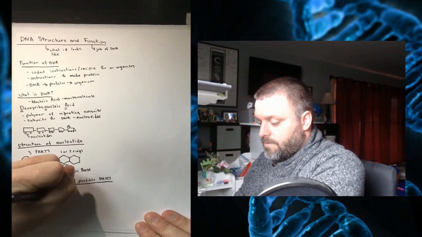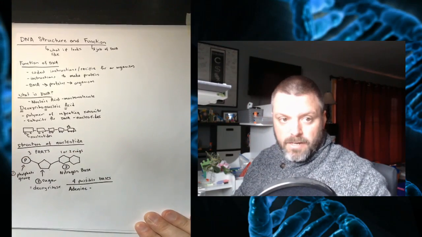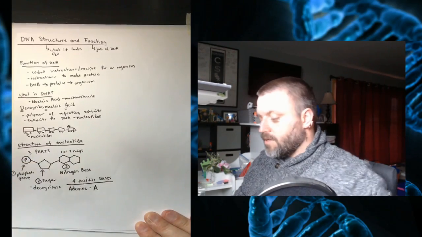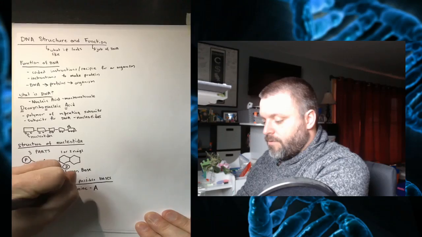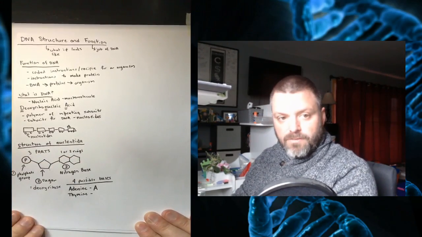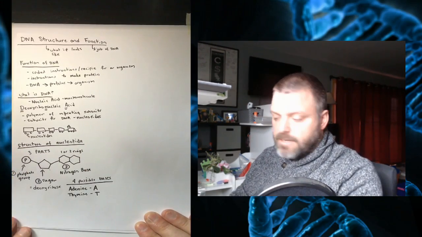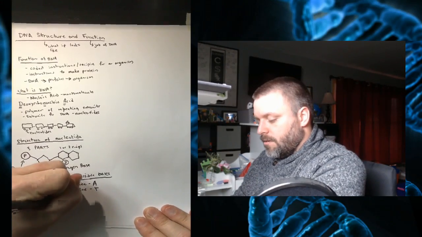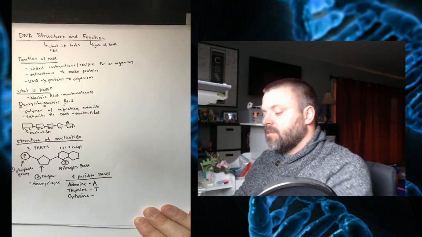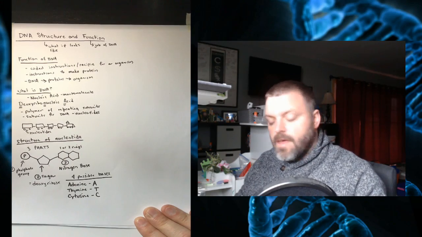All right, you can have a base that is adenine or adenine. I've heard it pronounced both ways. I pronounce it adenine. That's the way I learned it. And we abbreviate adenine with the letter A, okay? And then we have thymine. I've also heard it pronounced thymine, but thymine is abbreviated with a T, so we have A and T. And then you have cytosine, or cytosine, and we abbreviate cytosine with a C, so A, T, C. Okay?